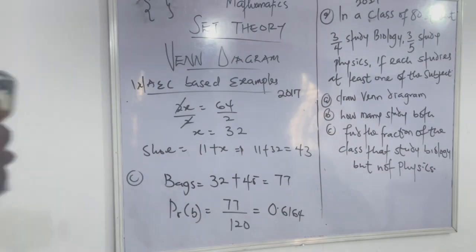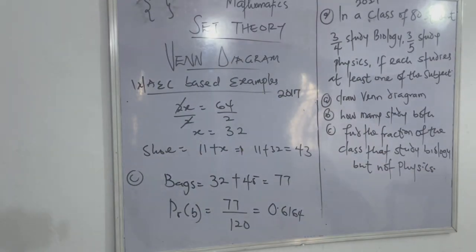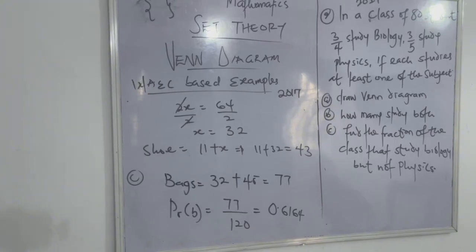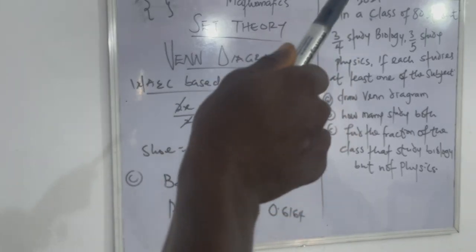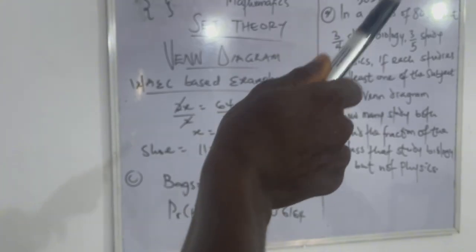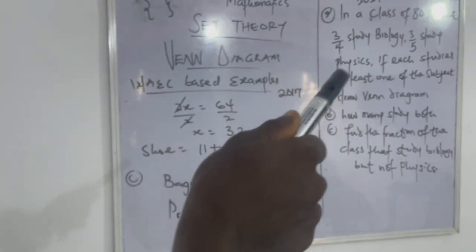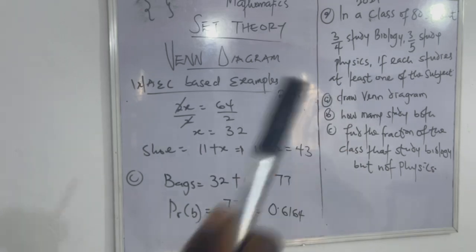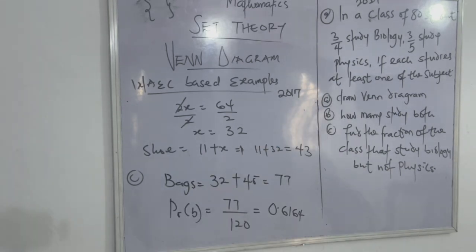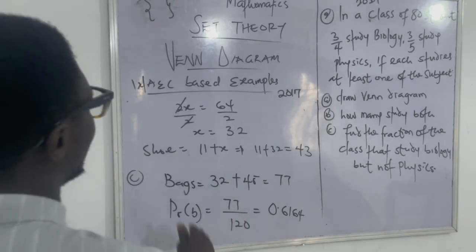So now, this is the question. Are we together? In a class of 80 students, 3/4 study biology, 3/5 study physics. If each studies at least one of the subjects, he said we should draw a Venn diagram.